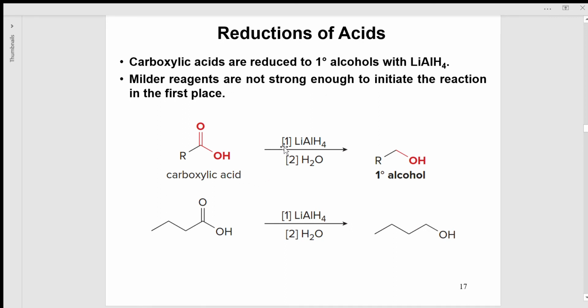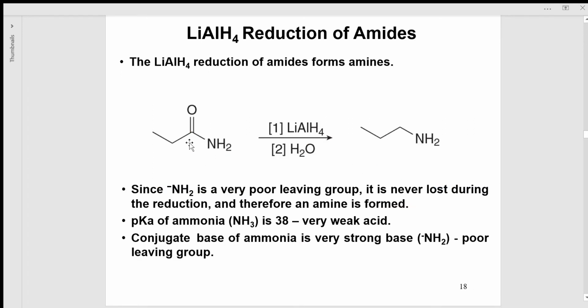Acid can also be reduced to alcohol with a strong reducing agent. Amide is a very special case, again, because the amide is a very strong base. When we use the reducing agent, this NH2 part will not leave the substrate.